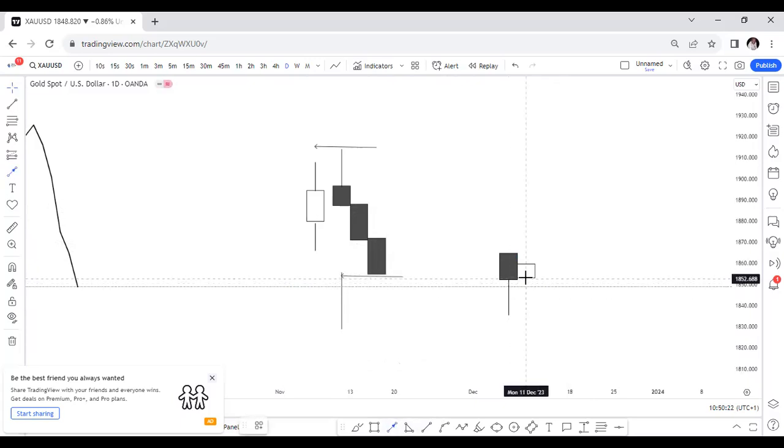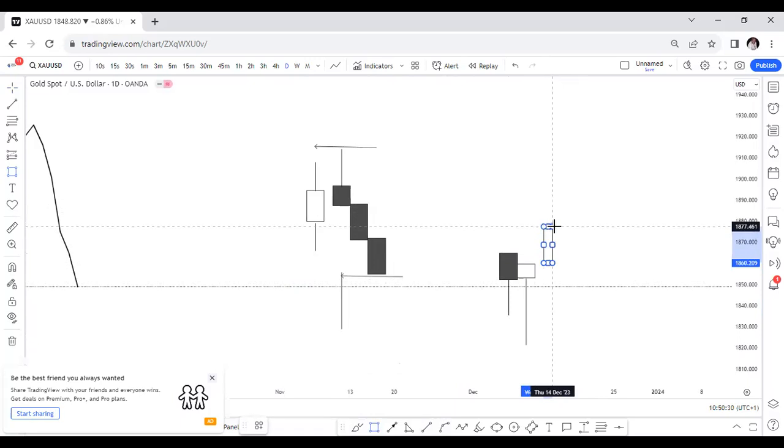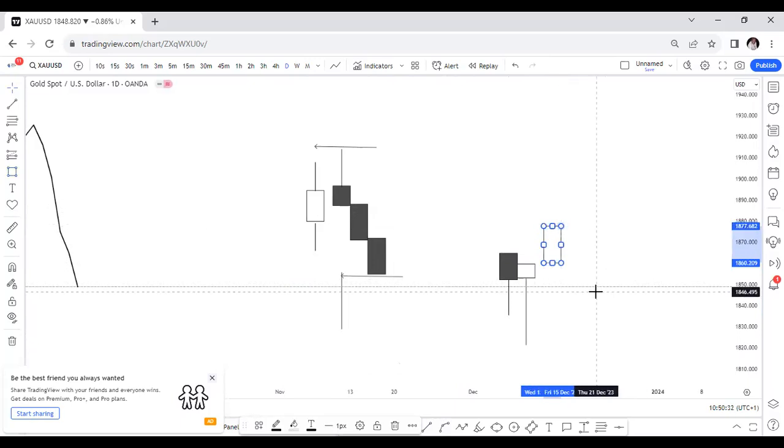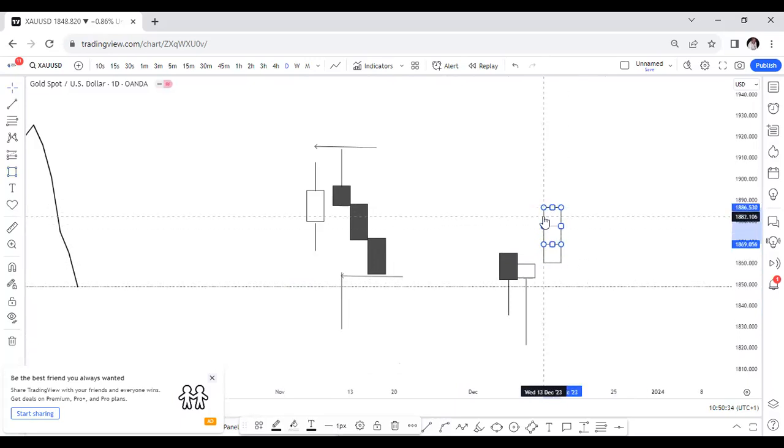It could be in this form. Then you have another one opening higher. Then another one opening higher.